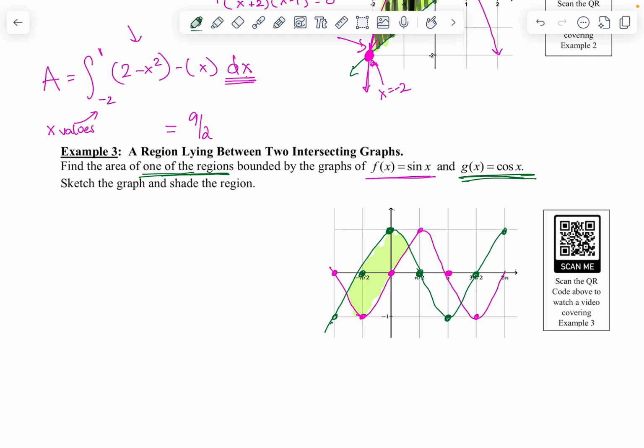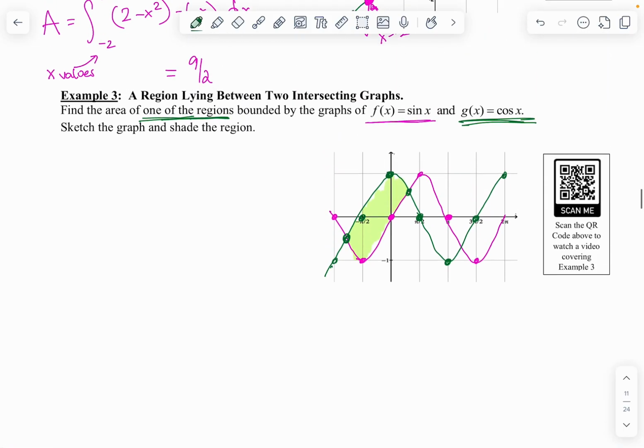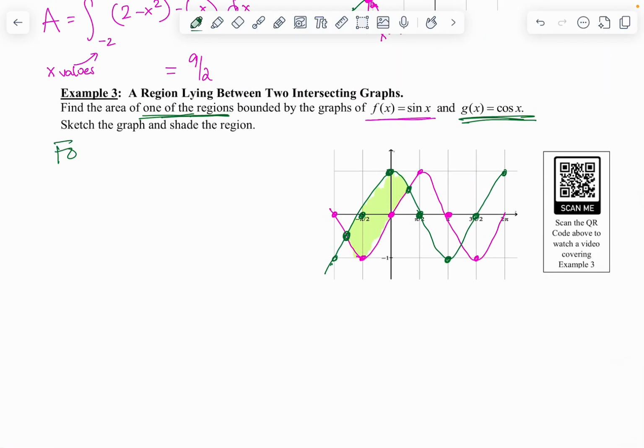Now to figure out what these points of intersection are, you notice I'm not writing POI, because we called points of inflection POI long ago. So points of intersection, we're going to take sine of x and set it equal to cosine of x.